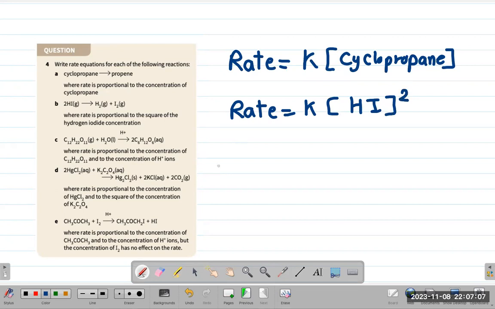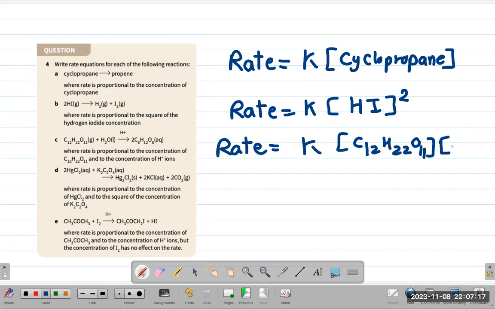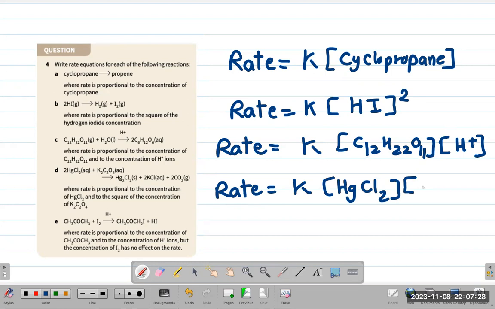And the third one, the rate is proportional to the concentration of C12H22O11 and to the concentration of H+ ions, both of them. In the fourth one, rate is proportional to the concentration of HgCl2 and to the square of the concentration of K2C2O4, so squared.